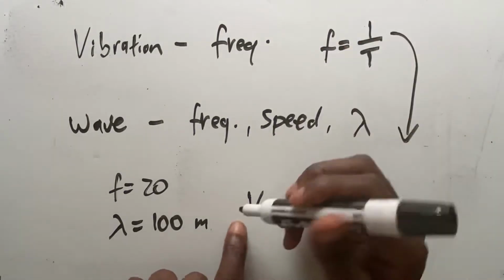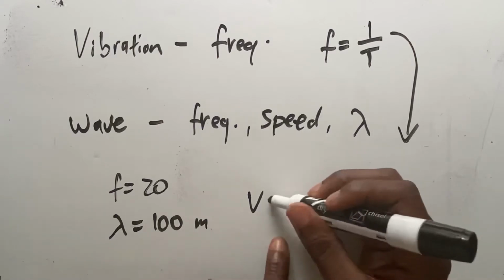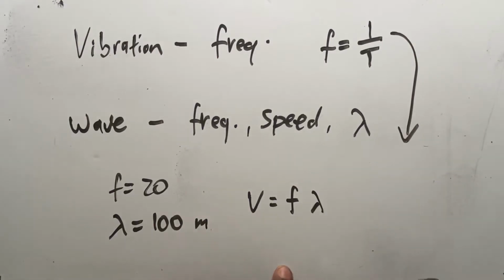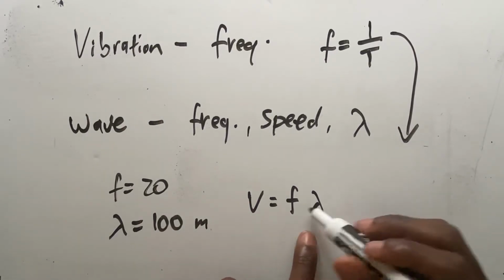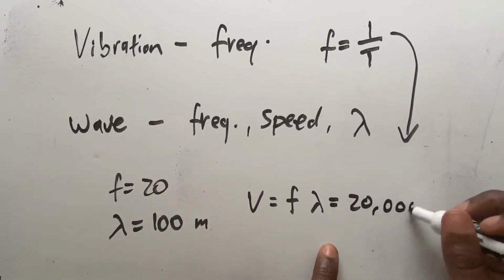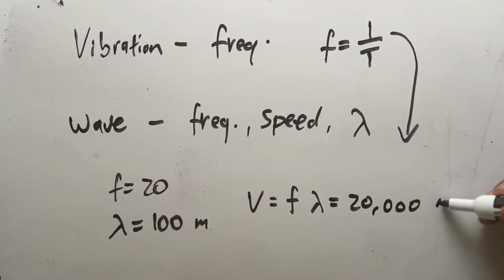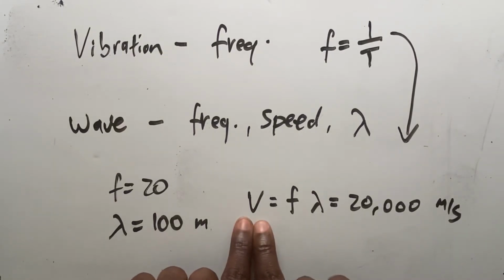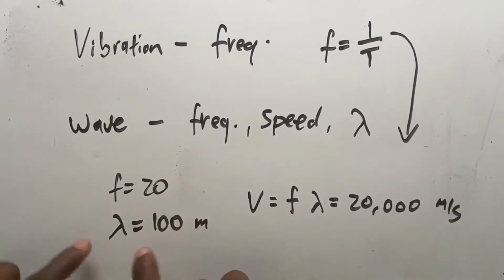Well, we know the speed of the wave is given by the frequency times lambda, or the wavelength. So we'll just multiply those two. So 20 times 100, 2000. So this would be the speed of the wave if it had a frequency of 20 and a wavelength of 100 meters.